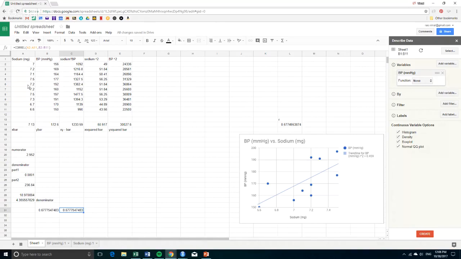Well, it's positive, so we have a positive straight line relationship, and 0.67 is quite strong. Looking at the graph and there's only 10 observations, I would say that this is a moderately strong, bordering on just a normal strong relationship.